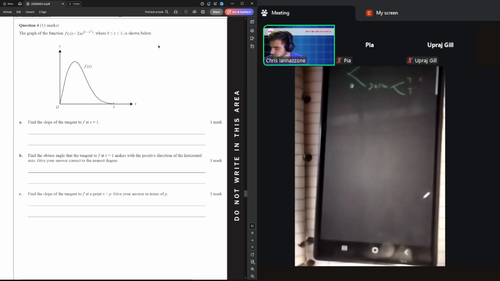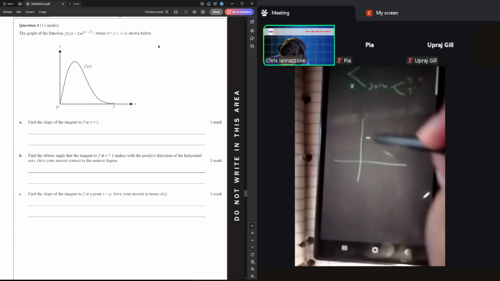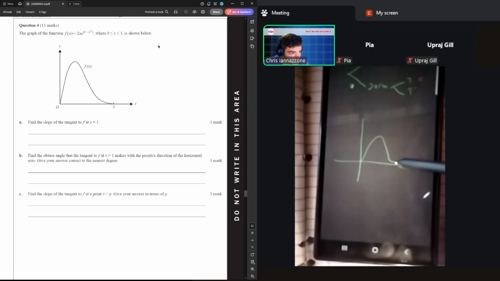And so if we think about what's going on, you've got your curve, x equals 1, gradient -2, so we're at least over here, we know that much. Draw some kind of tangent off of that. Now it says makes with the positive direction of the x axis, the horizontal axis.